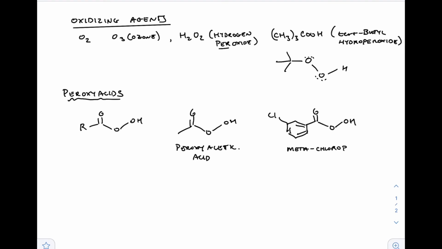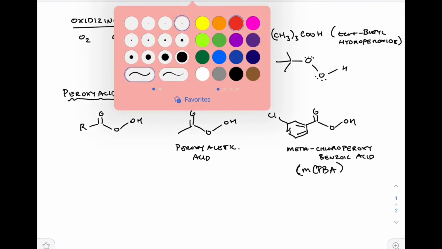This one is meta-chloroperoxybenzoic acid, okay? And this is usually abbreviated MCPBA, okay? So little m and then big CPBA. Meta-chloroperoxybenzoic acid.